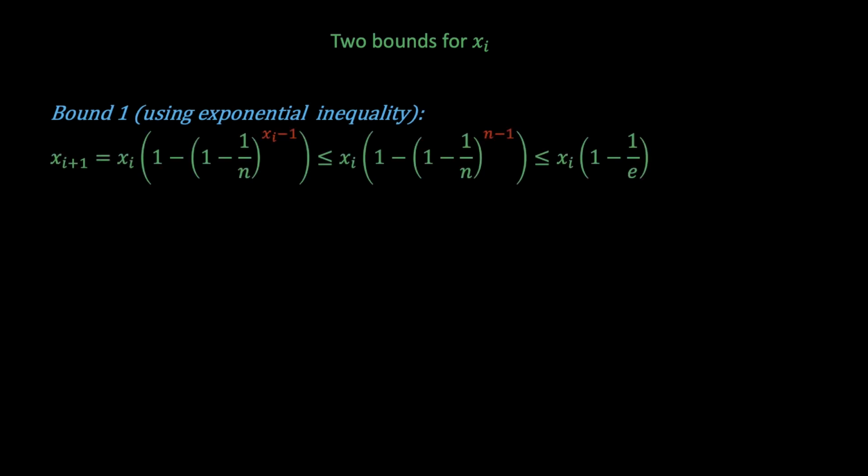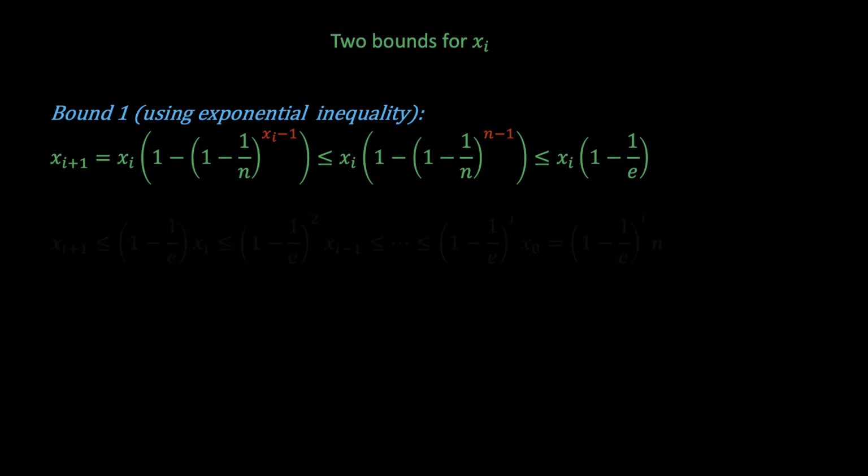The first uses the exponential inequality. We have that x_{i+1} is equal to x_i times (1 - 1/n)^(x_i - 1). But since x_i is at most n, this is at most x_i times (1 - 1/n)^(n-1), which, using the exponential inequality, is at most (1 - 1/e) times x_i.